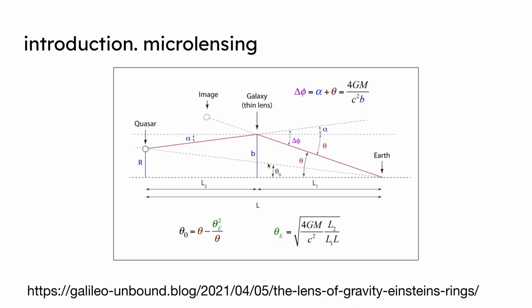So here in this picture, the angle onto the source would be theta 0, and onto the image is theta, they're different.